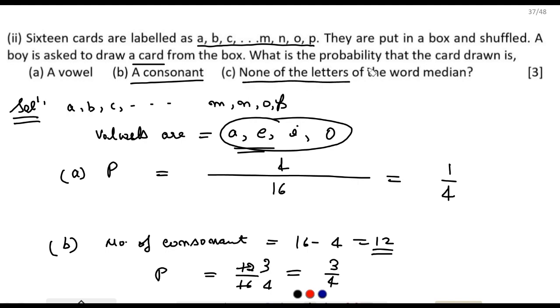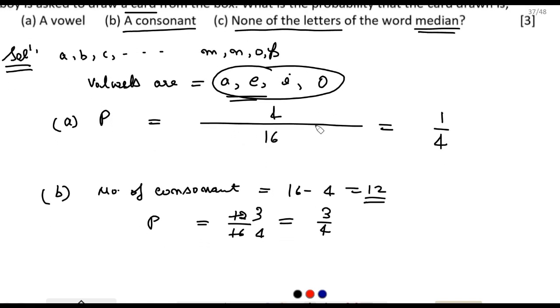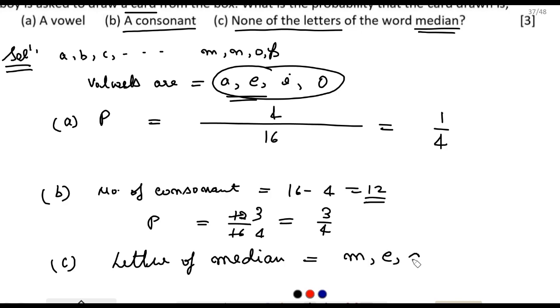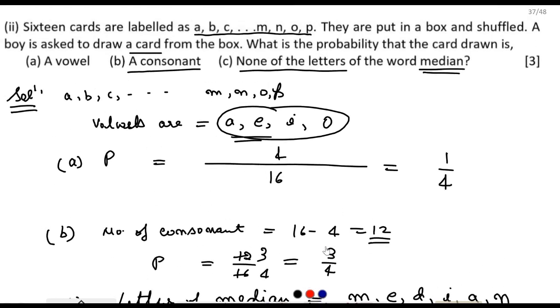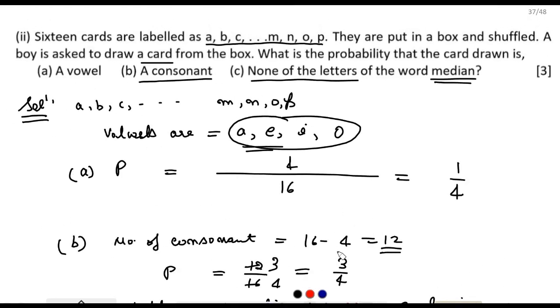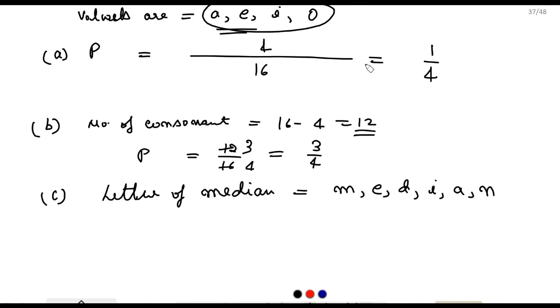None of the letters of the word median. Median का कोई भी letter हमें ना मिले. Then letters of median are M, E, D, I, A and N. First of all, look, all these letters are included here. M is included, E is included, D, I, A and N. All are included.